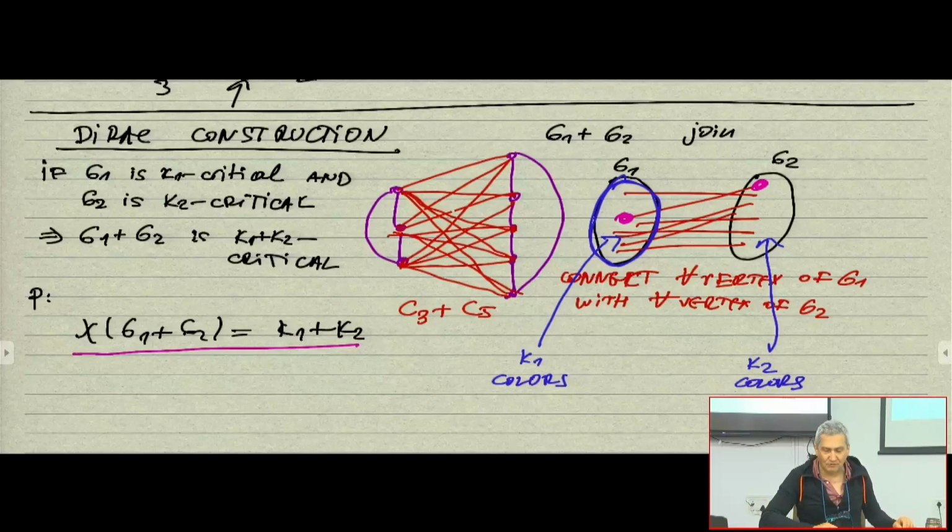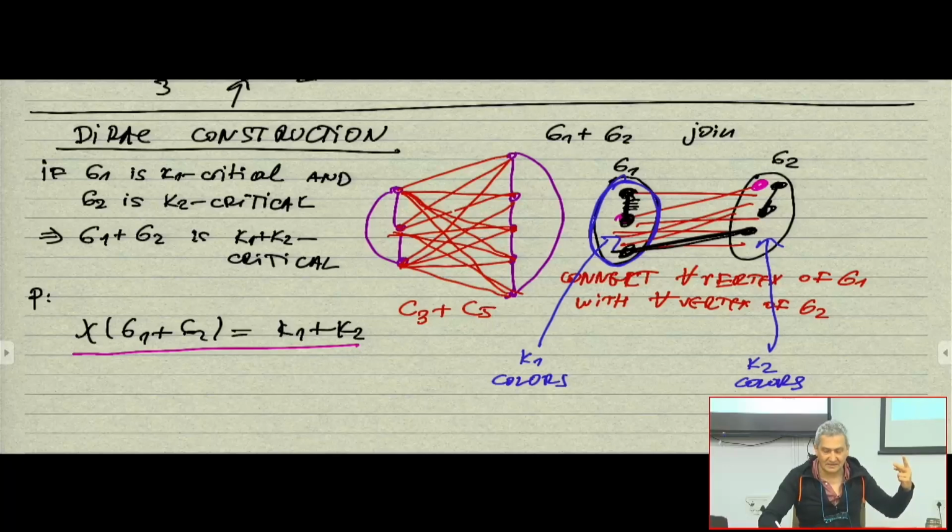What is left to prove: if we remove one edge, here inside G1, or inside G2, or one edge in between, our chromatic number will always drop by 1. When we remove an edge in G1, I can color its two endpoints with the same color and save one color in G1.